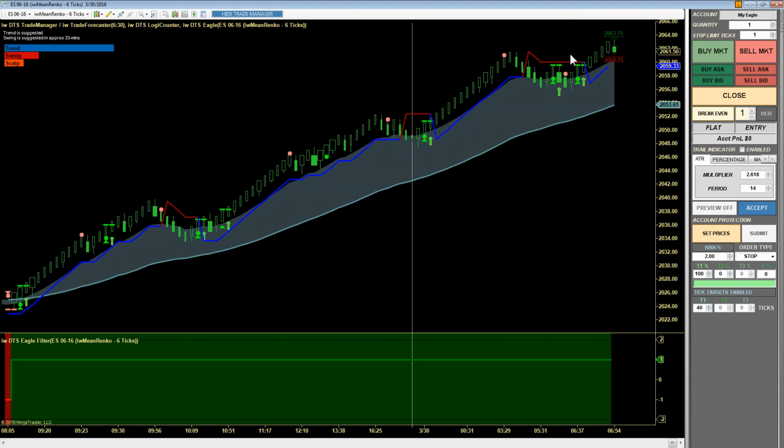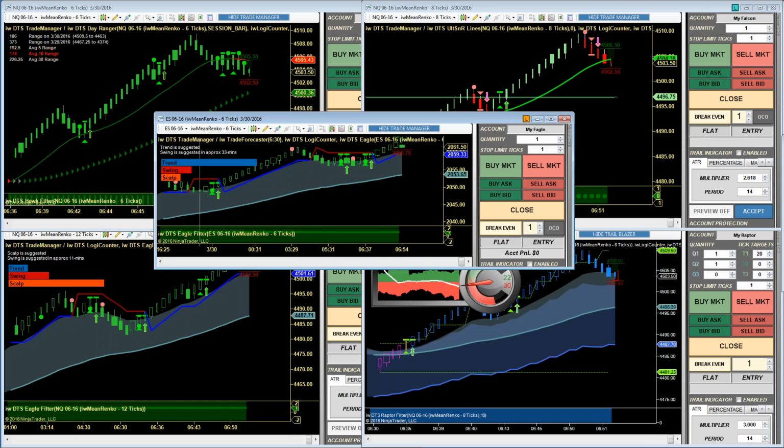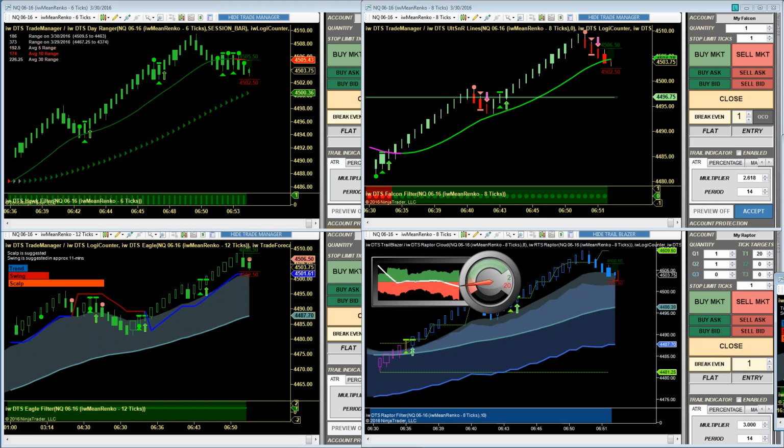So you could be looking at a long position according to the Eagle trend trader, and you can see that according to the trade forecaster, we've got about a half an hour of trend left. So we'll see how that plays out. All right, so there's the E-mini S&P.